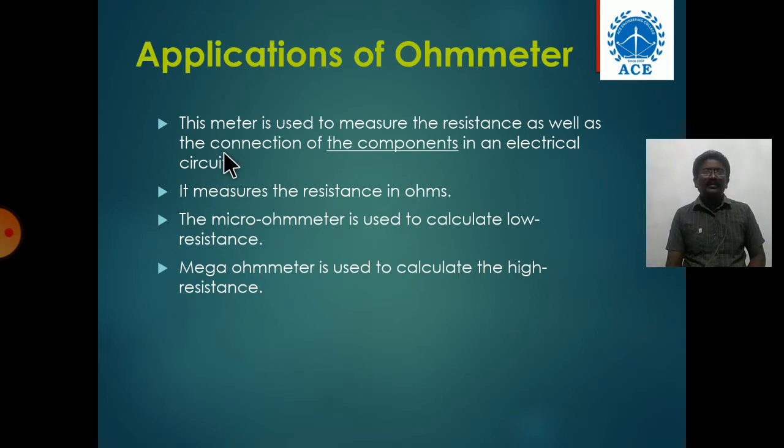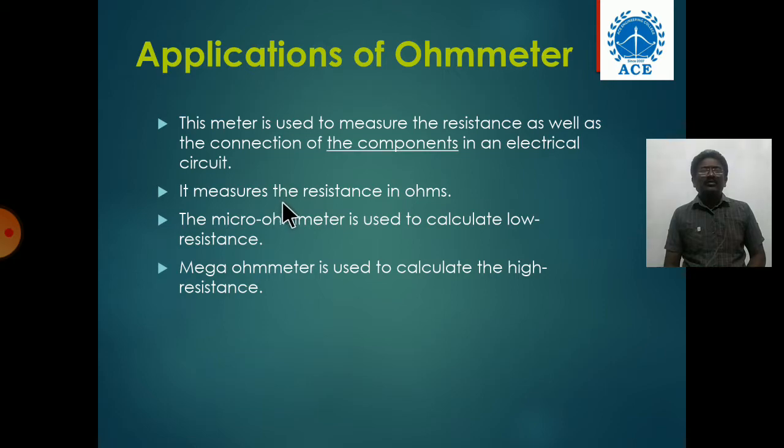So now I will explain applications of ohmmeter. Here you can observe 4 applications. First one, this meter is used to measure the resistance as well as the connection of the components in an electrical circuit. So it measures the resistance in ohms.